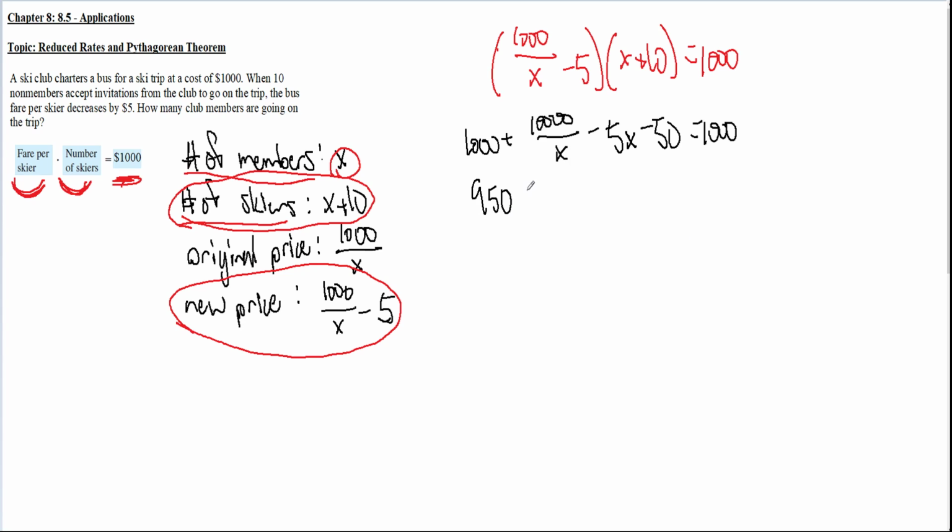And then get rid of this x in the denominator here, so we multiply both sides by x, or just multiply the entire equation by x.